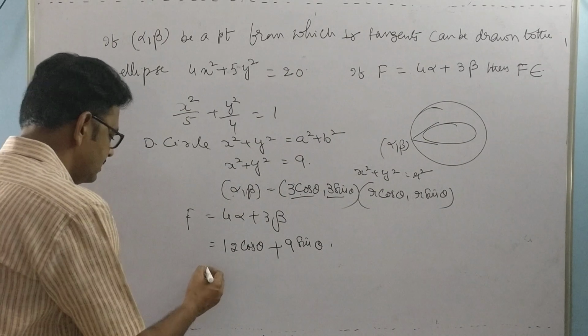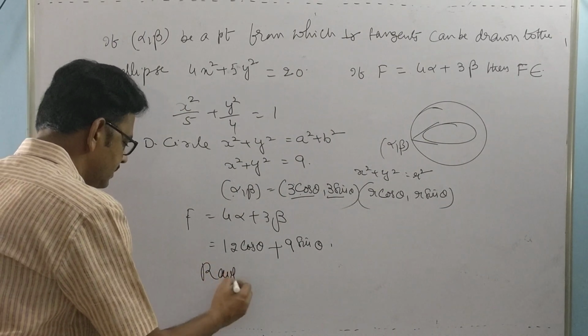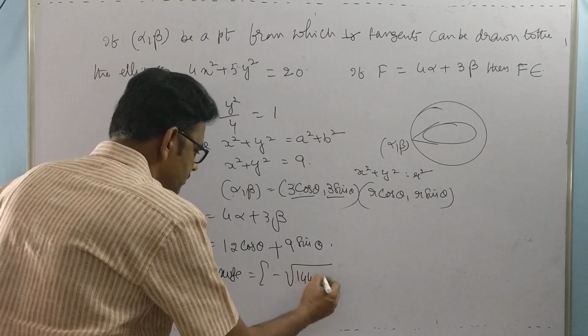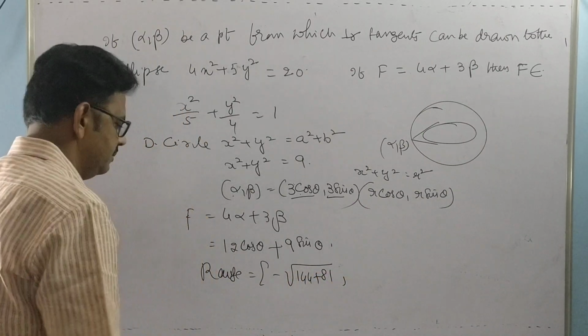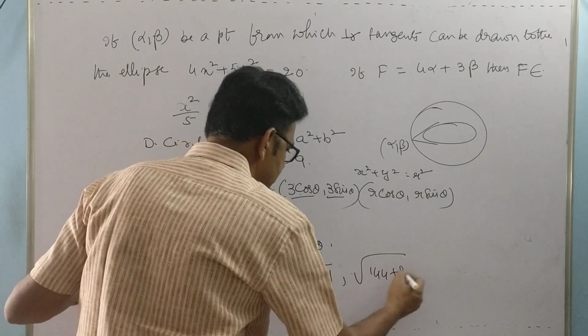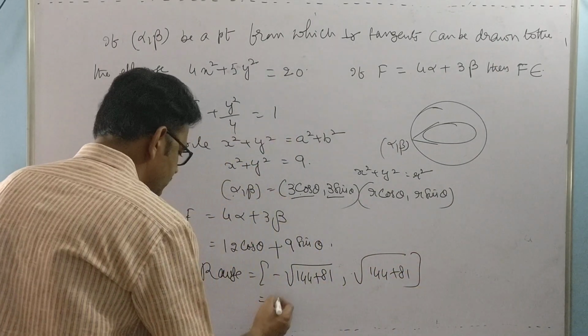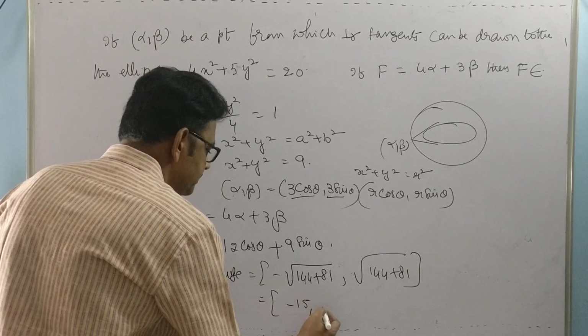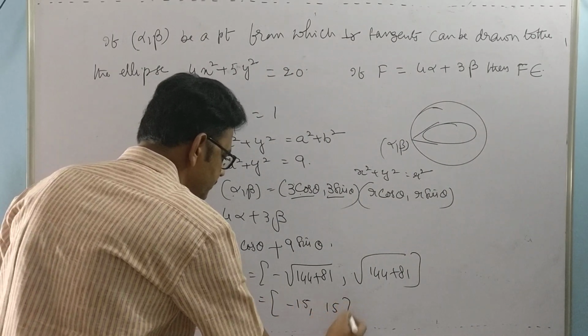Therefore here the range is equal to minus root of 144 plus 81, comma, root of 144 plus 81, that is equal to minus 15, comma, 15.